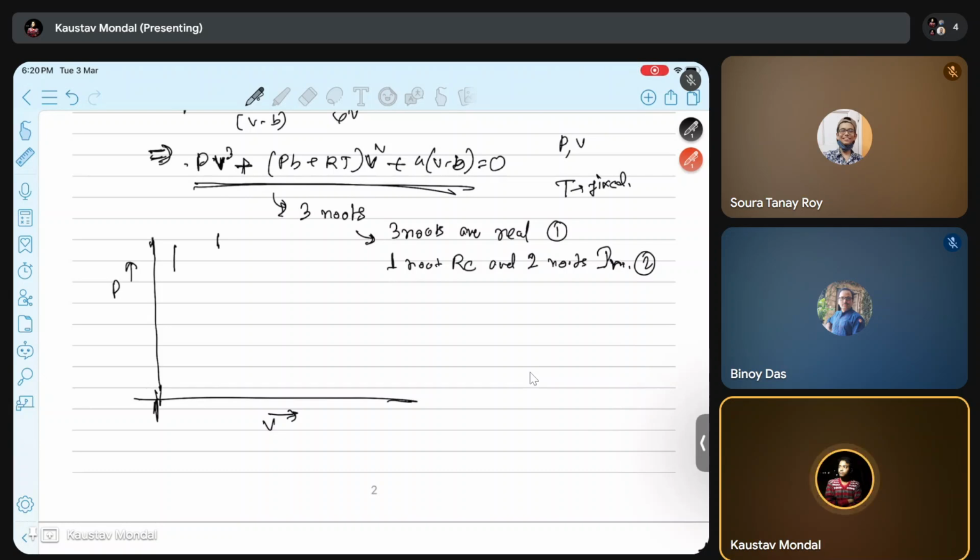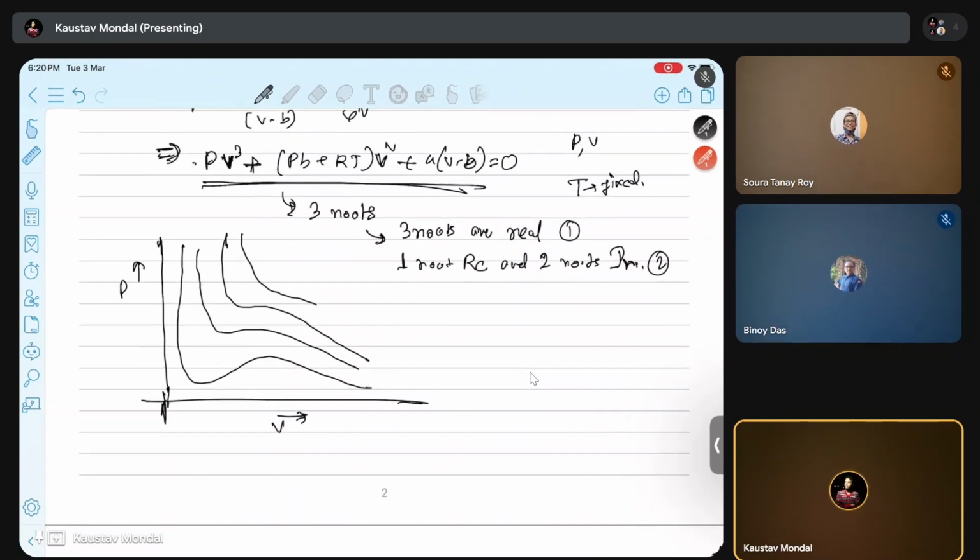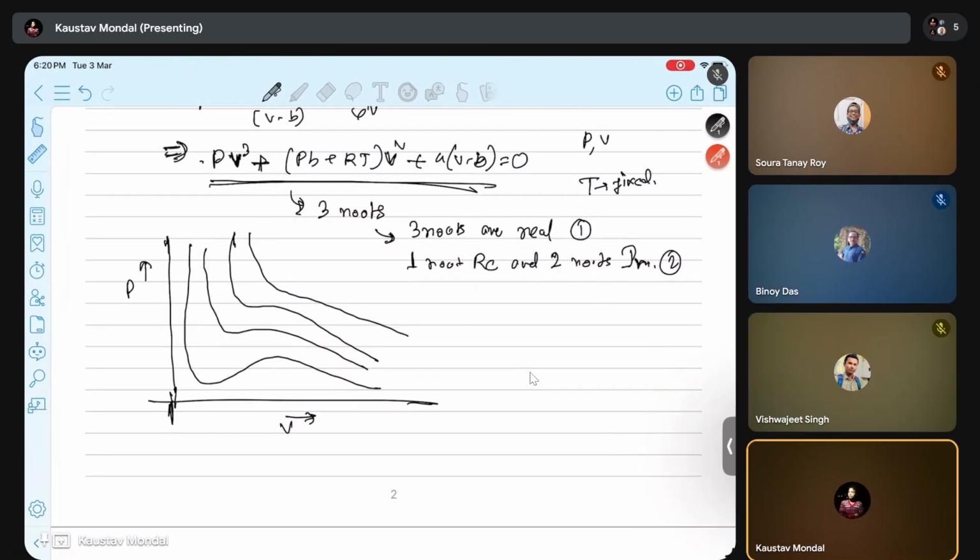For lower temperature, it shows this kind of behavior. If you make it higher, it will show this. These are different temperatures: T1, T2, T3, T4, T5, where T1 is smaller than T2, smaller than T3, T4, like this.